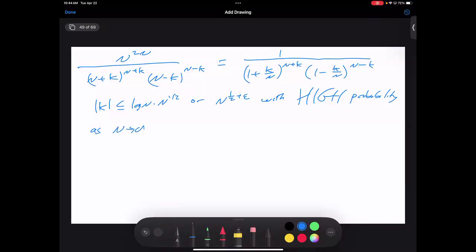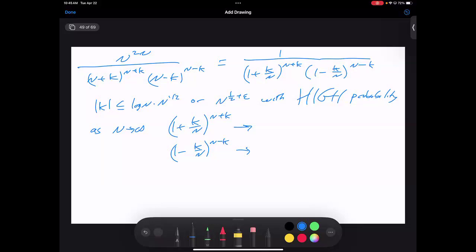As n goes to infinity, what do you think 1 plus k over n to the n plus k goes to? I'm sorry? We want to do a little bit better than that, maybe. Does this look like anything before? 1 plus x over n to the n?